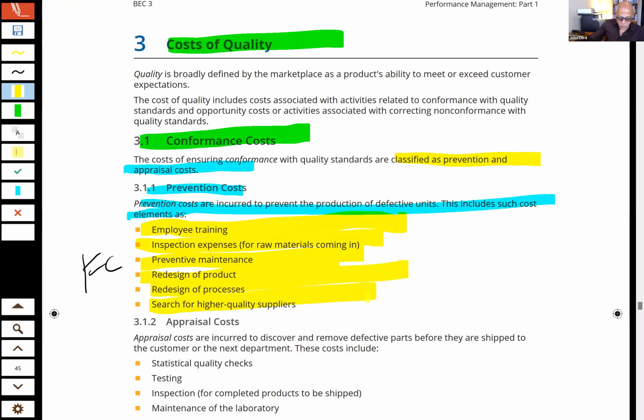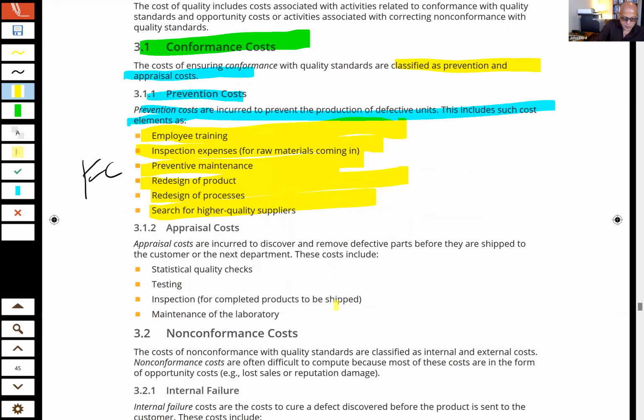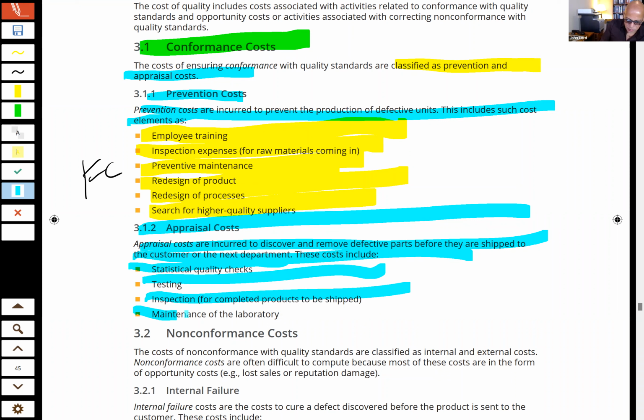Okay. Now, when we look at our appraisal cost, this is seeing how we're doing against these benchmarks. Appraisal costs are put in to discover the cause of defects. So statistical quality checks, testing, inspection, machine maintenance, I should say, of a laboratory. So go ahead and flashcard those conformance costs, those that are both prevention and appraisal.